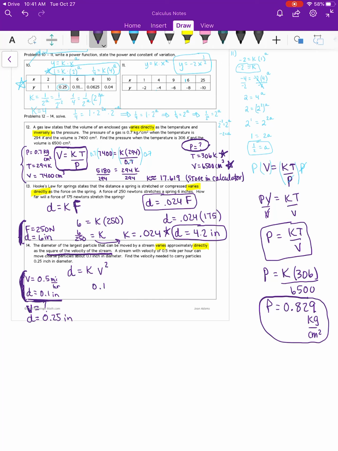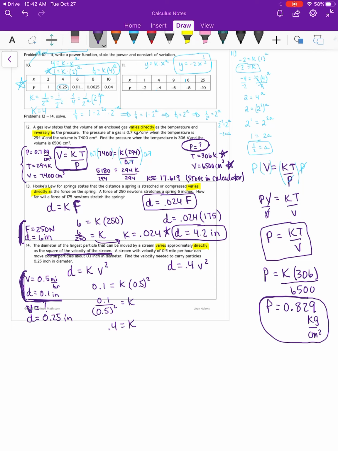Okay? So let's find k. So 0.1 equals k times 0.5 squared. So I'm going to take 0.1, divide it by 0.5 squared, and that's going to give me my k. And if you put that in your calculator, you're going to see that your k is 0.4.